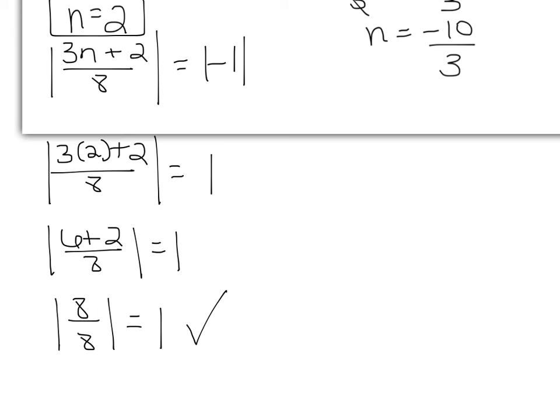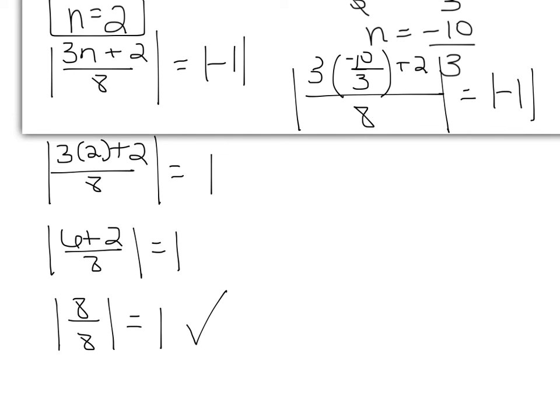So over here we've got the absolute value of 3 times negative 10 over 3 plus 2 all over 8 is equal to the absolute value of negative 1.